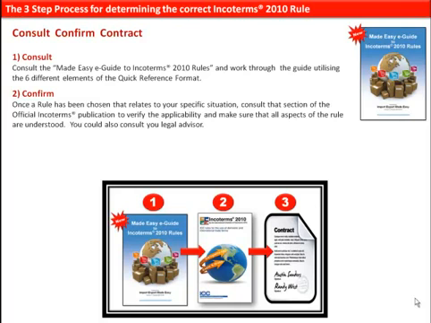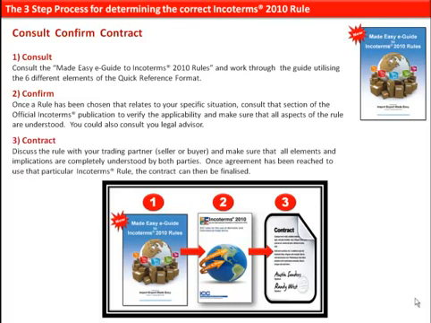You could also consult your legal advisor. 3. Contract. Discuss the rule with your trading partner, seller or buyer, and make sure that all elements and implications are completely understood by both parties. Once agreement has been reached to use that particular term, the Incoterms rule, then the contract can be finalised.